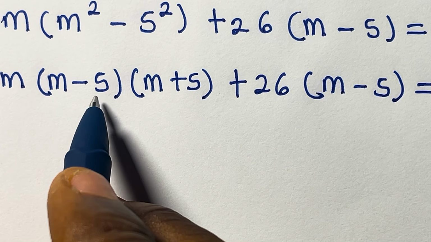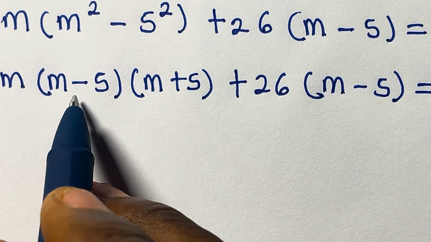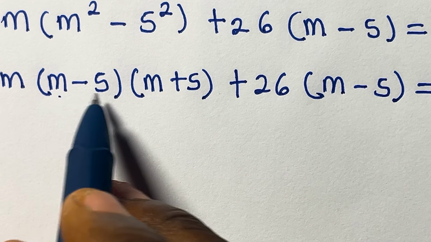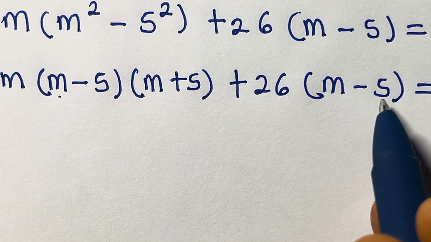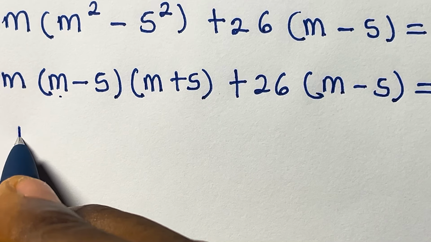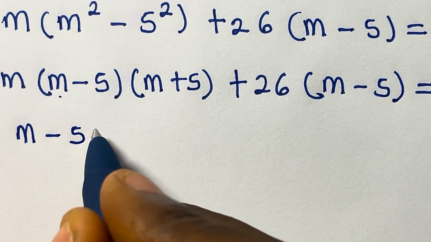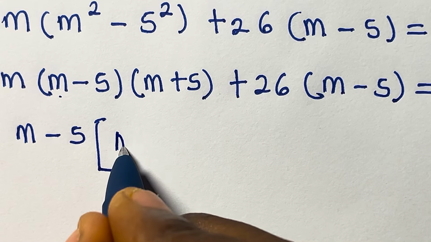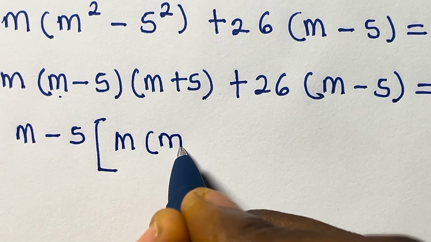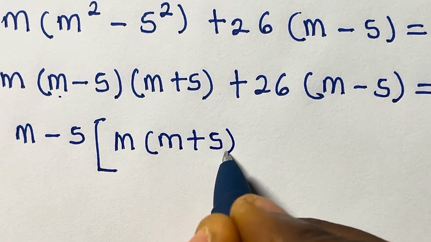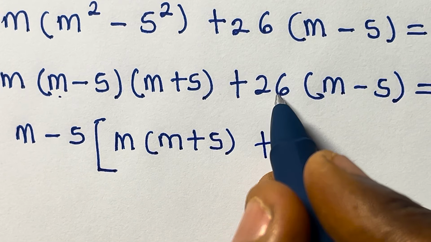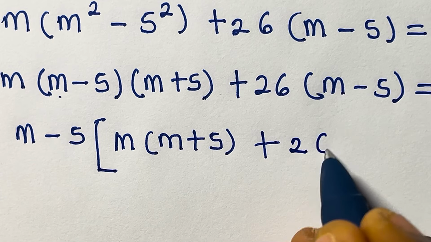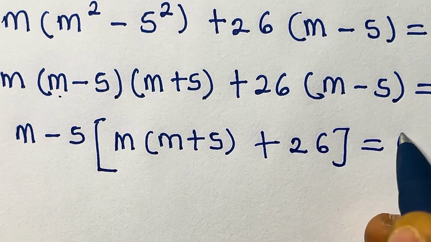So looking at this, you will see that we have a common factor of m minus 5 on this side and also on this side. So let's factorize m minus 5 out. What we are left with is m multiplied by m plus 5, then plus 26 equals 0.